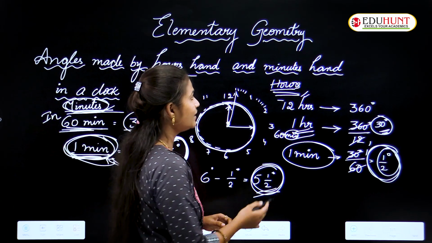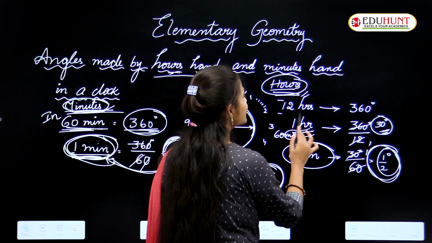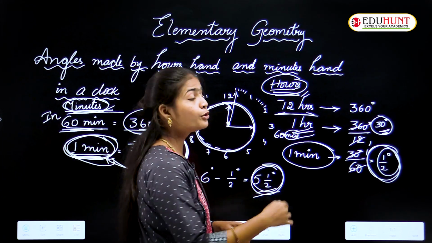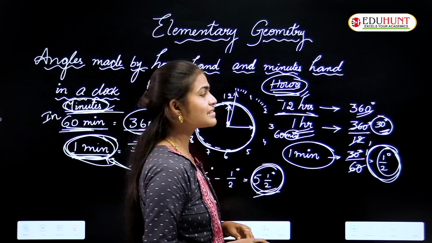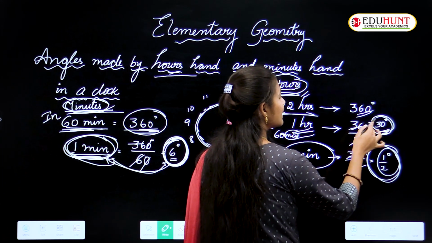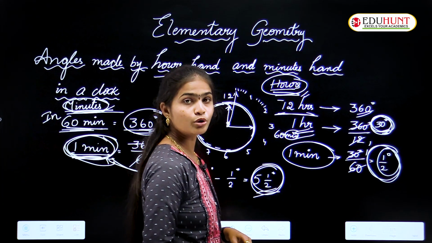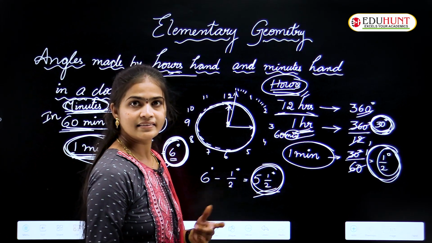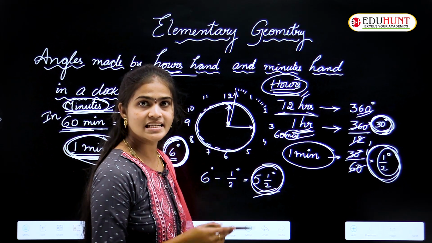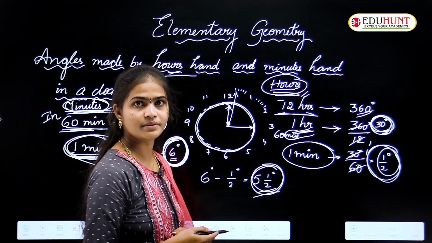In the same way, the hours hand takes 12 hours to complete 360 degrees, so it covers 30 degrees in 1 hour. 1 hour is nothing but 60 minutes, no?